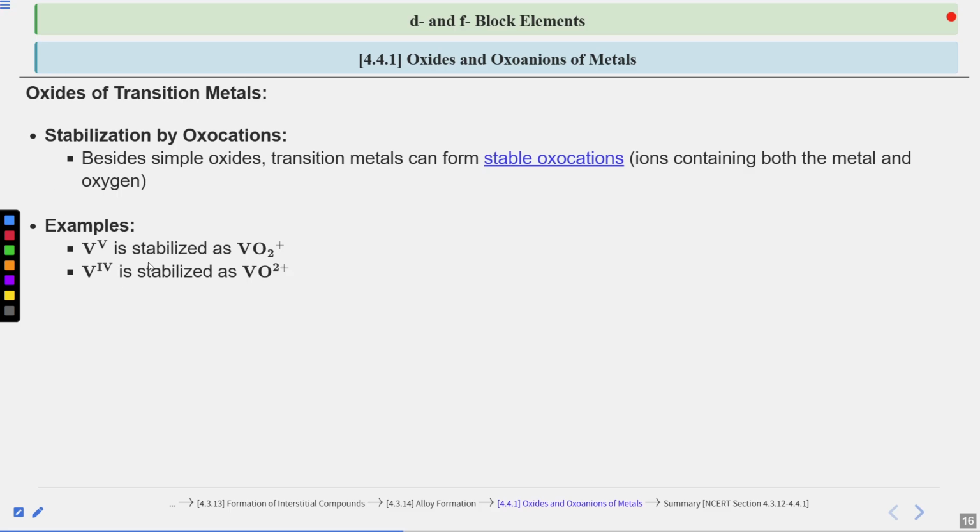Now vanadium +4 is stabilized by the formation of the stable oxocation VO2 2+. Similarly, titanium in its highest oxidation state +4 is stabilized as TiO2 2+, this oxocation.